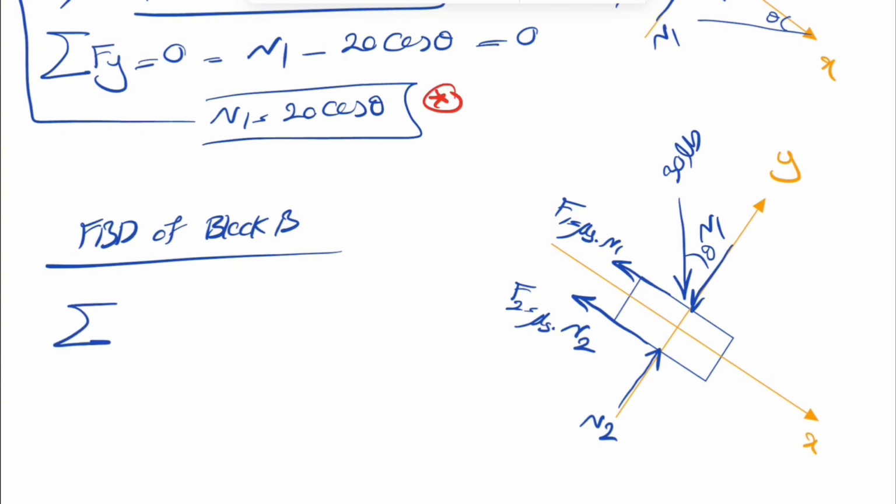Let's start with the Fy. So what we have in Fy is N2 minus N1 minus 30 cosine of theta equals 0.